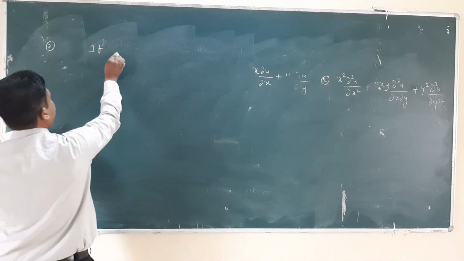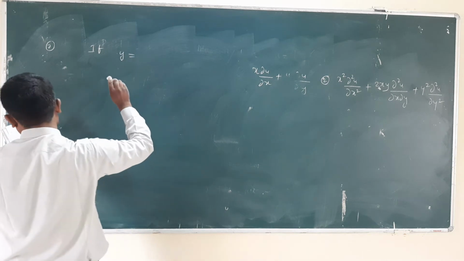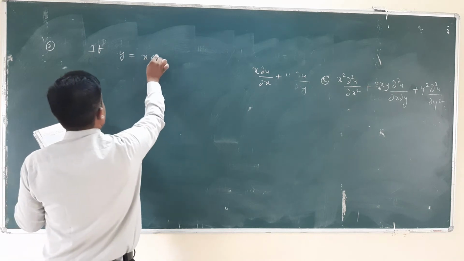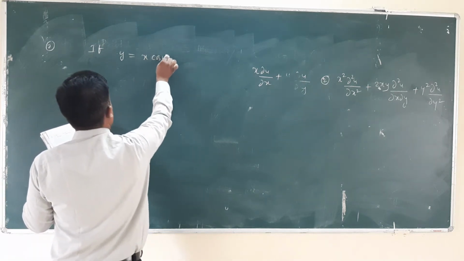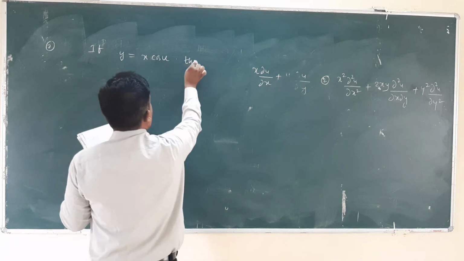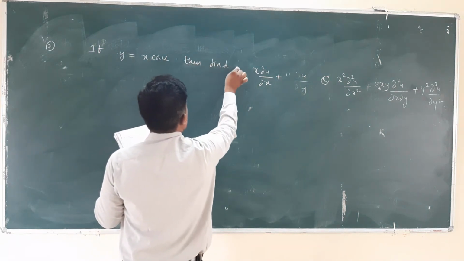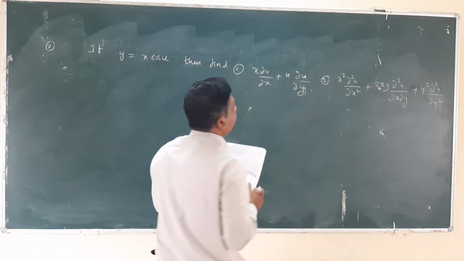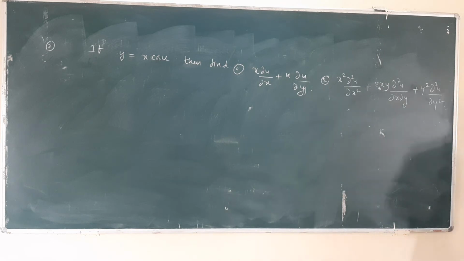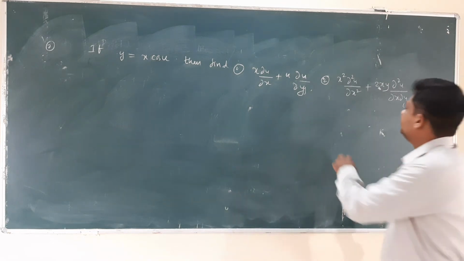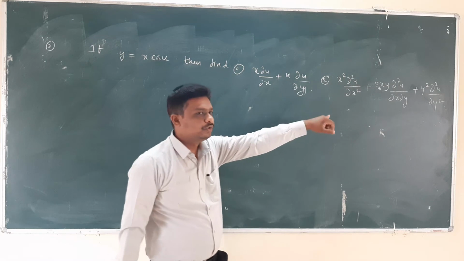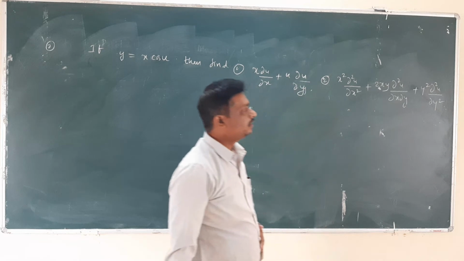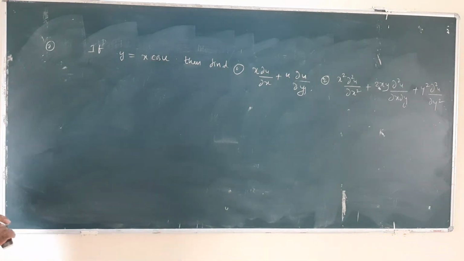If y is equal to x cos u, then find x ∂u/∂x plus y ∂u/∂y, and in the second one, x square ∂²u/∂x² plus 2xy ∂²u/∂x∂y plus y square ∂²u/∂y².